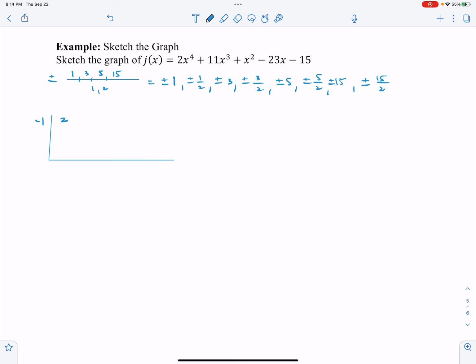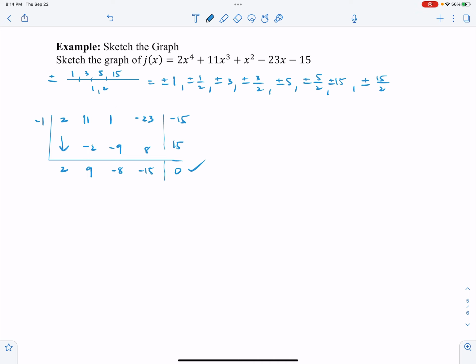So putting the coefficients of j of x here. Okay, and that worked.